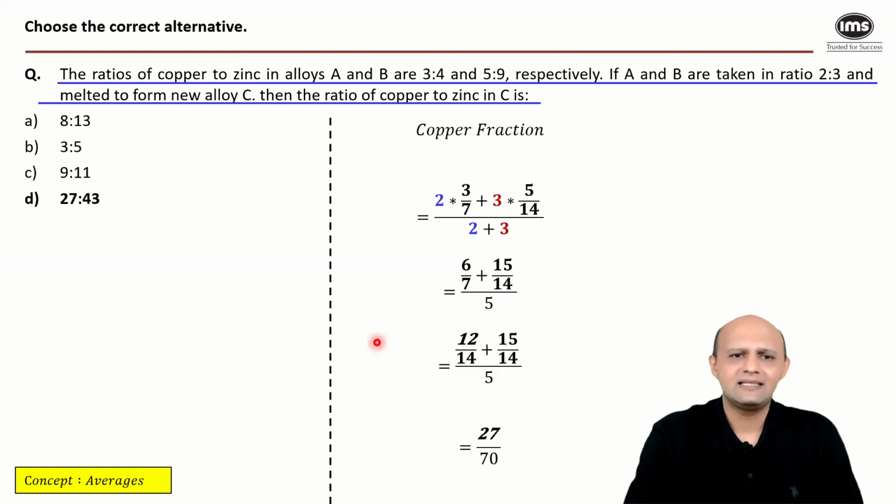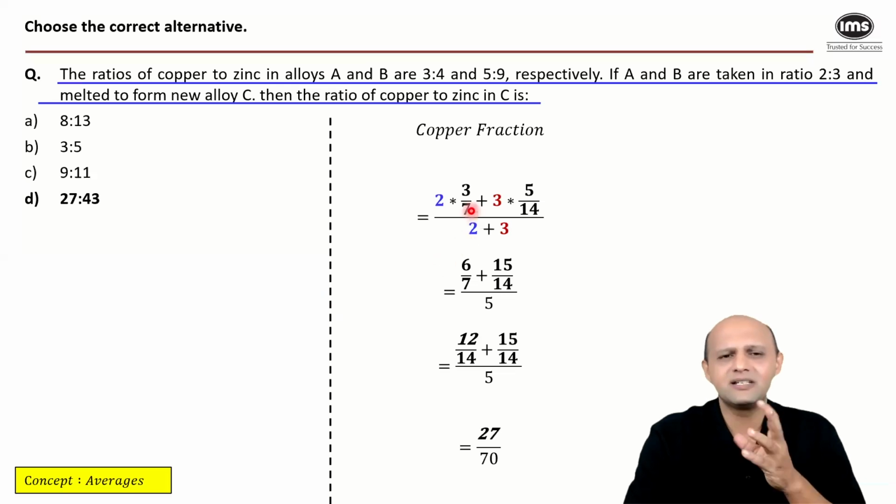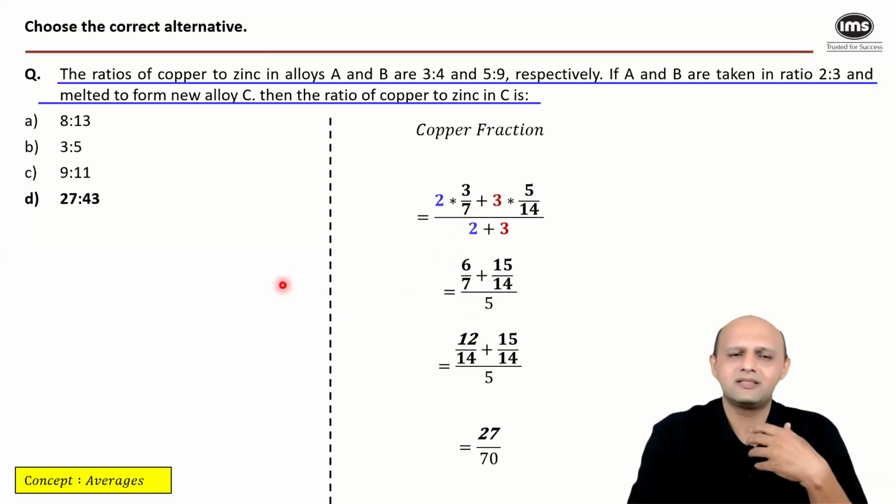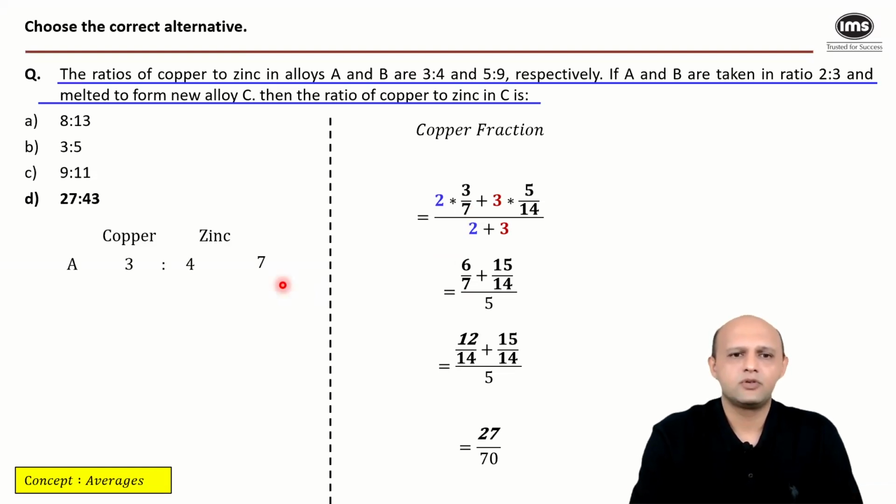That said, this could also be tackled by a different approach on ratio, which is essentially weighted averages only, but the way we represent it is slightly different. Copper and zinc are available in the ratio 3:4, so the total parts are 7. In the second alloy, they're available in the ratio 5:9, so the total parts are 14.